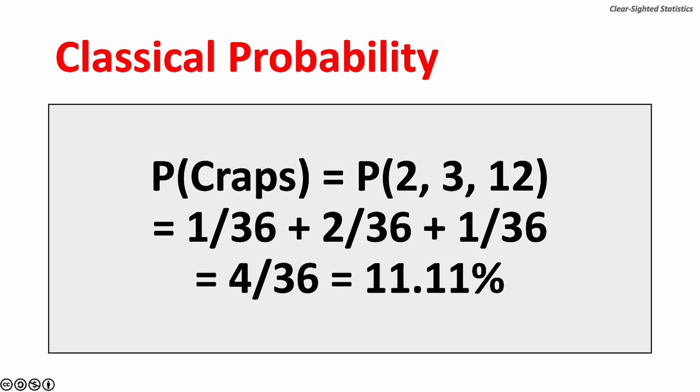Without getting into the details of this game, a roll of 2, 3, or 12 is called craps. The probability of 2, 3, or 12 equals the sum of the probabilities of getting a 2, 3, or 12: 1 over 36 plus 2 over 36 plus 1 over 36, or 4 over 36, or approximately 11.11%.